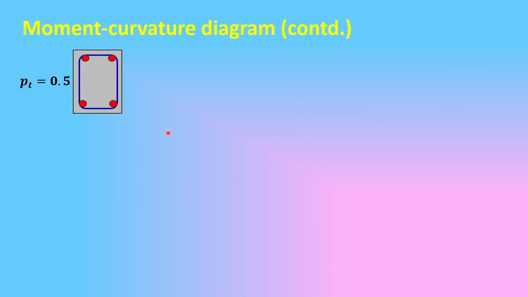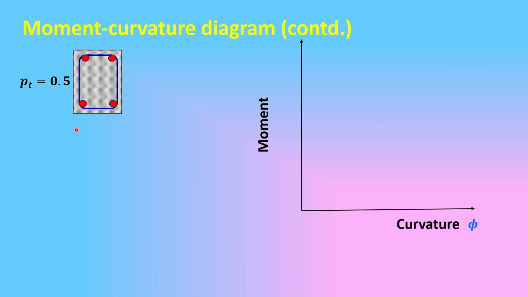Now let us consider a section having a certain width b and some depth here, and we consider some percentage of steel. For the sake of convenience, let us keep the compression steel the same and this tension steel percentage PT we shall be gradually increasing. In the beginning I have taken 0.5% steel in the section.